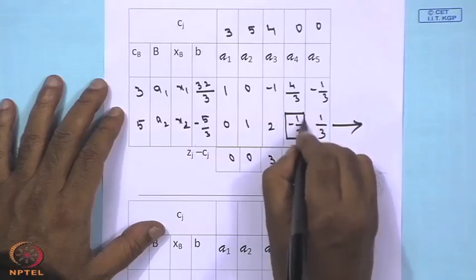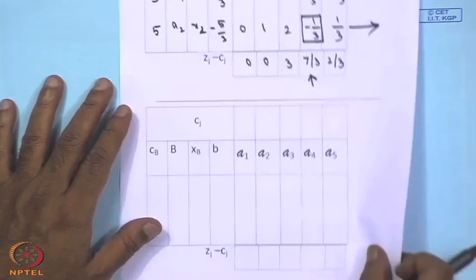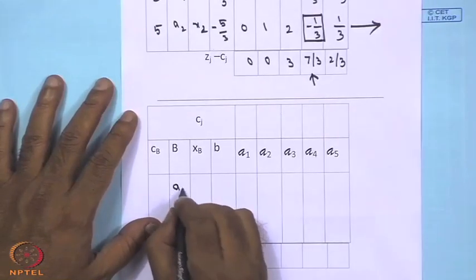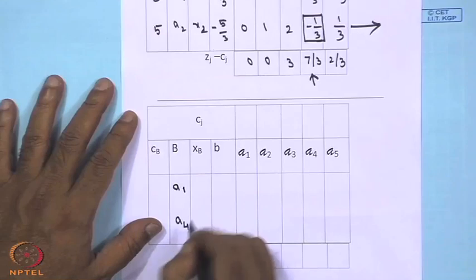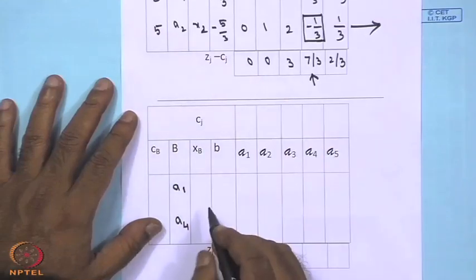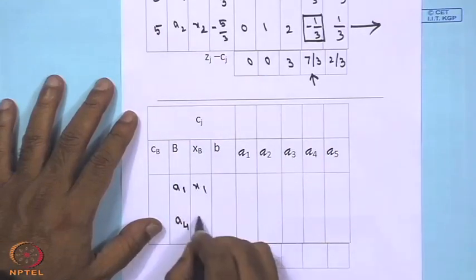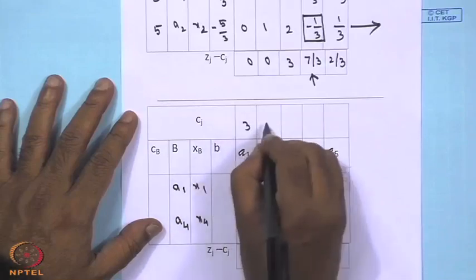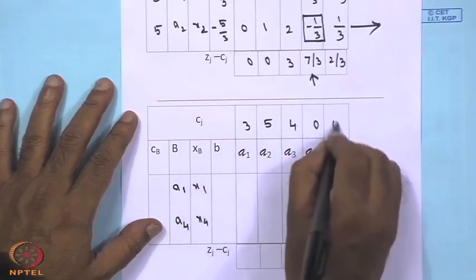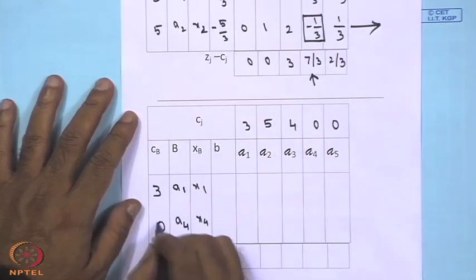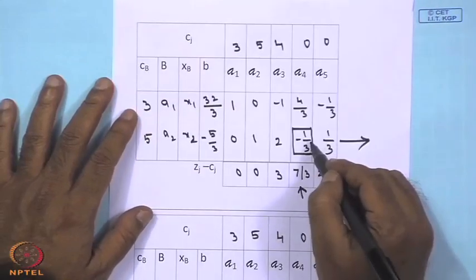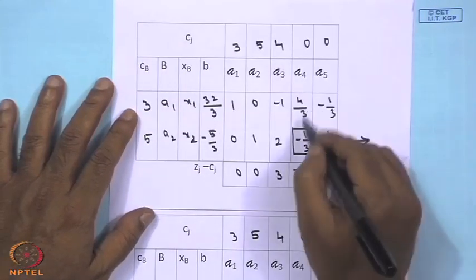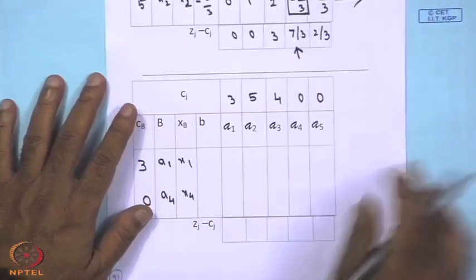So here this will be your pivot element. Thus we are writing your B as A1 and A4, A2 is going out and A4 is entering over here, x1 x4, this is 3 5 4 0 0, CB will be 3 and 0. So basically I have to make this element 1 and the corresponding elements 0.